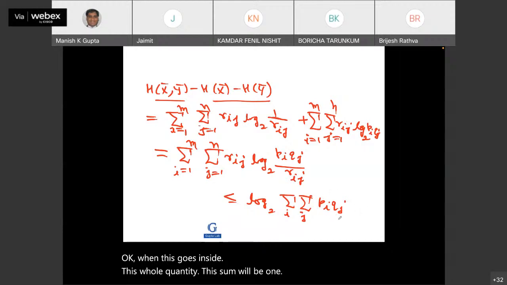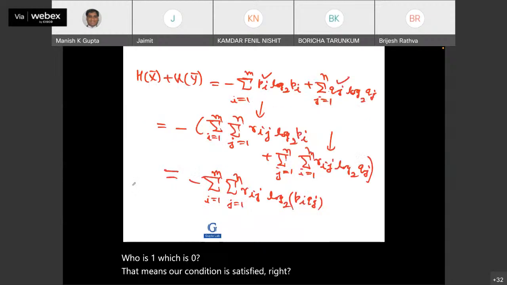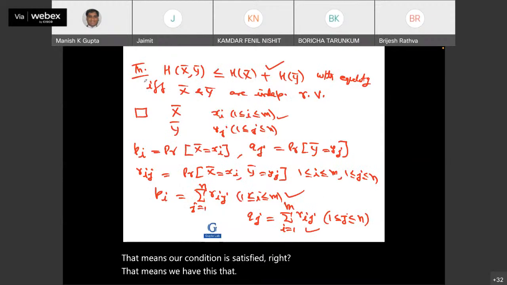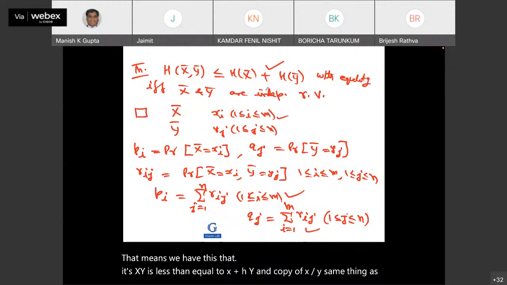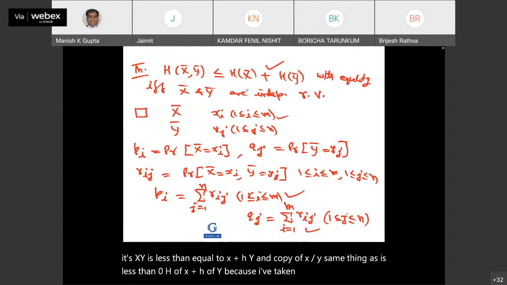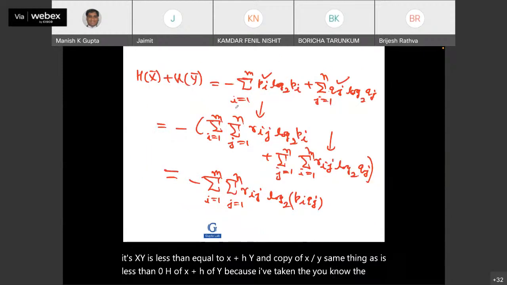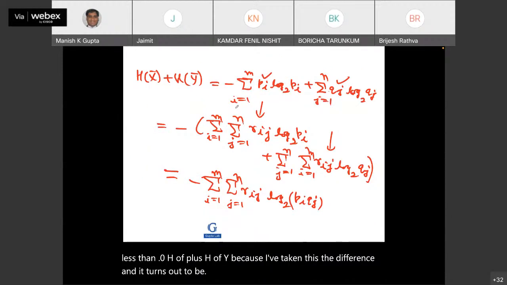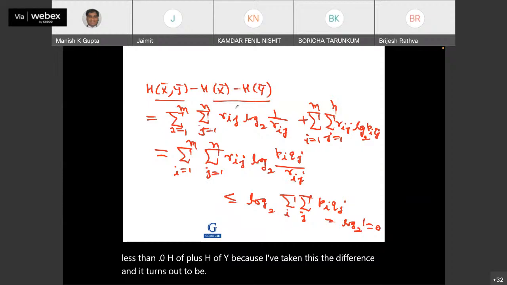This whole thing is log base 2 of 1, which is 0. That means our condition is satisfied, right? That means we have H(X,Y) is less than or equal to H(X) plus H(Y), because I have taken the difference, and it turns out to be less than or equal to 0.